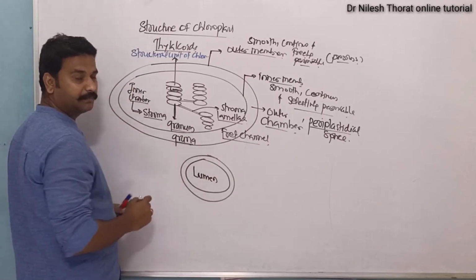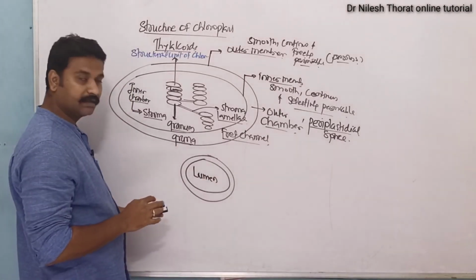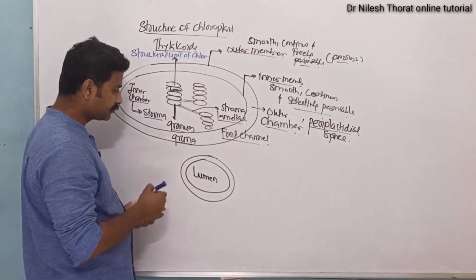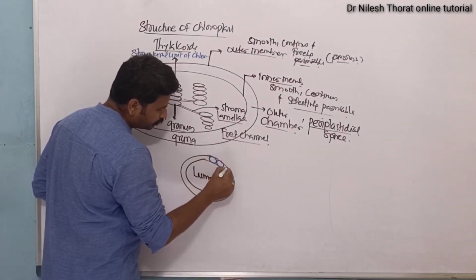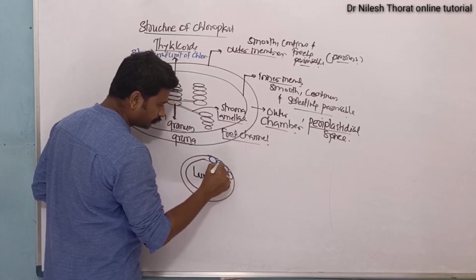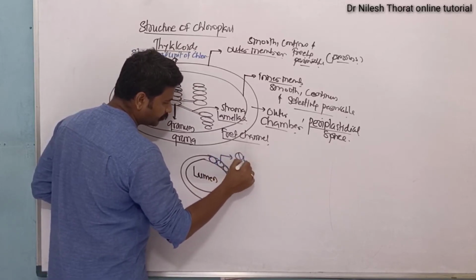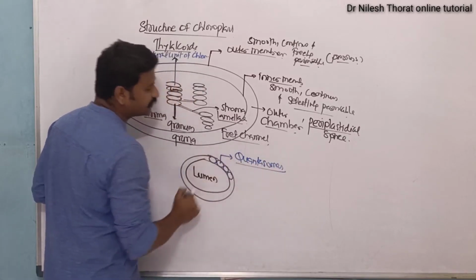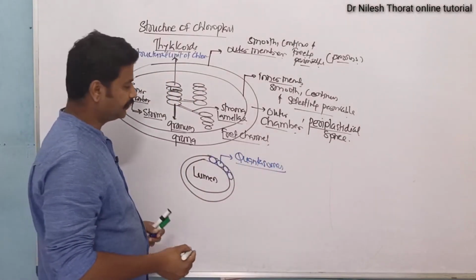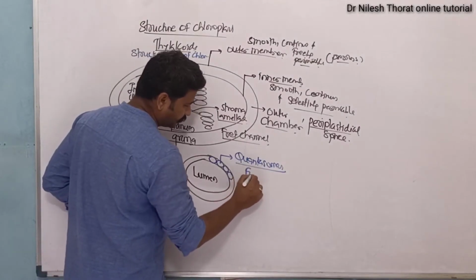Now inside the membrane there are again globular structures which are called as quantasomes. So these are the quantasomes, which are actually the functional unit of chloroplast.